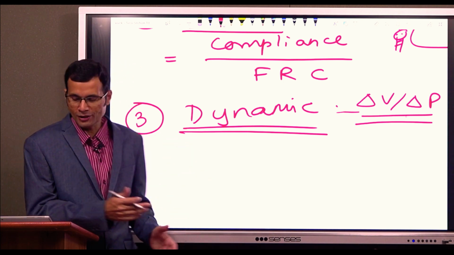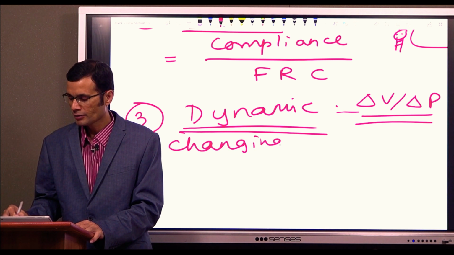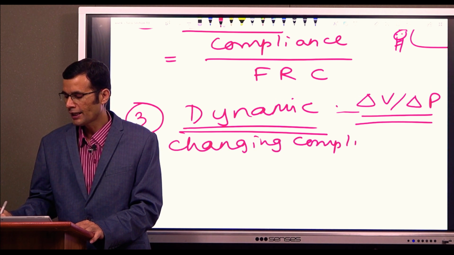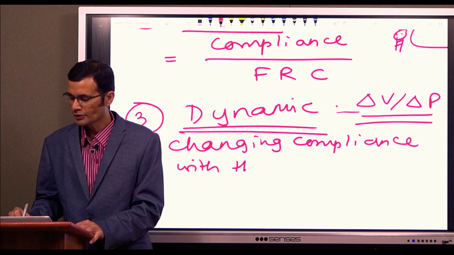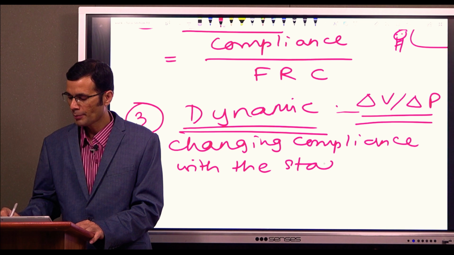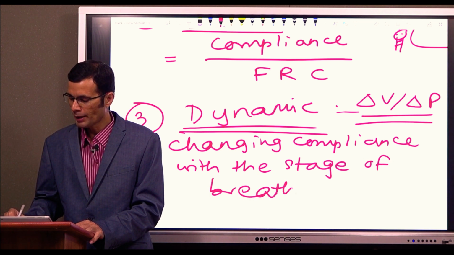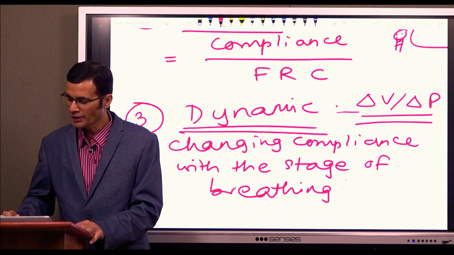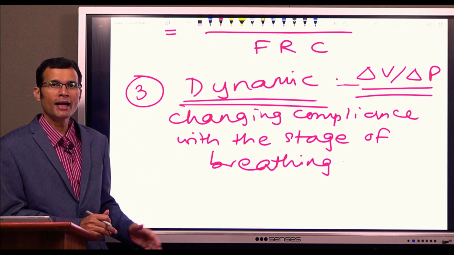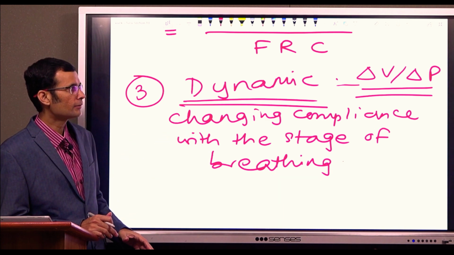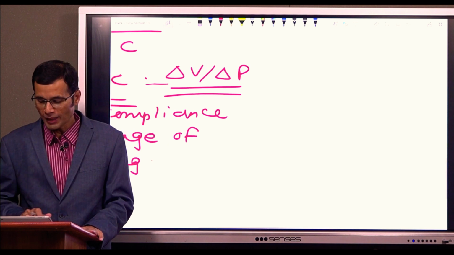What I am trying to say here is changing compliance with the stage of breathing. That is called dynamic compliance. This delta V by delta P goes on changing during different stages of breathing, and that's called dynamic compliance.